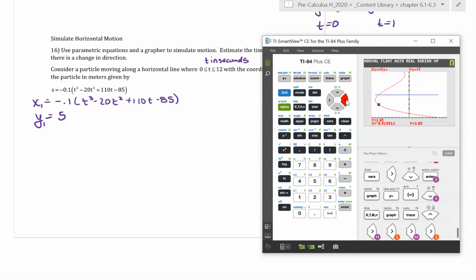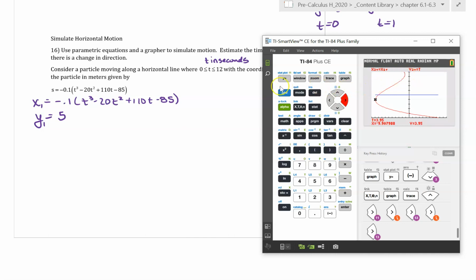Looks like it's at, let's see, 3.9. Yep. And then over here, and again, you could keep going. The other one was 9.5.